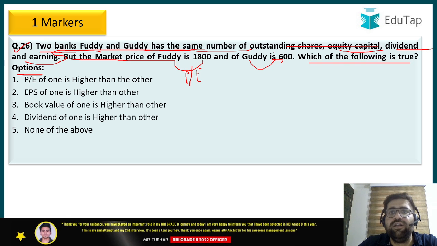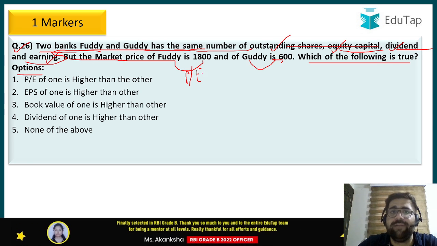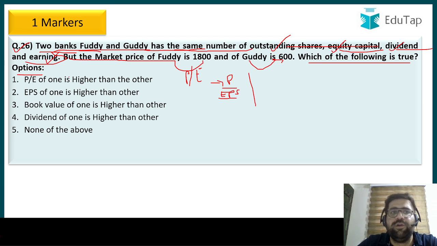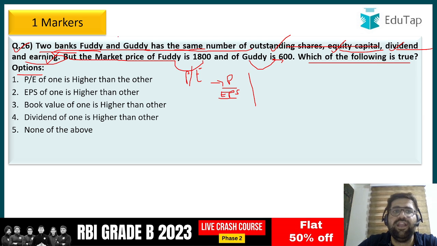Now in the question, outstanding shares, equity capital, dividend and earnings are all the same. Therefore, it means that EPS is the same in both cases because it is clearly given, for Foodie as well as for Goody. Earnings are the same, which means your earnings per share is the same.